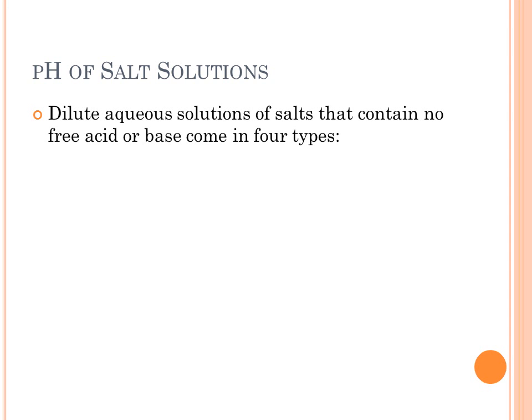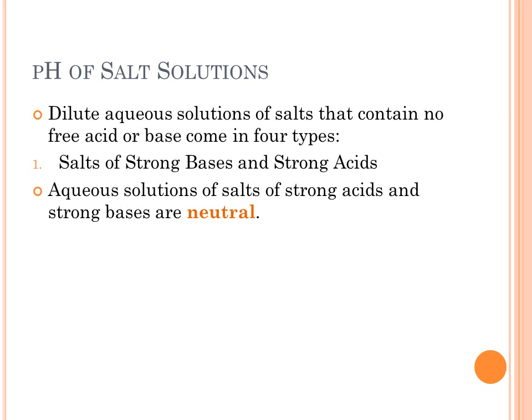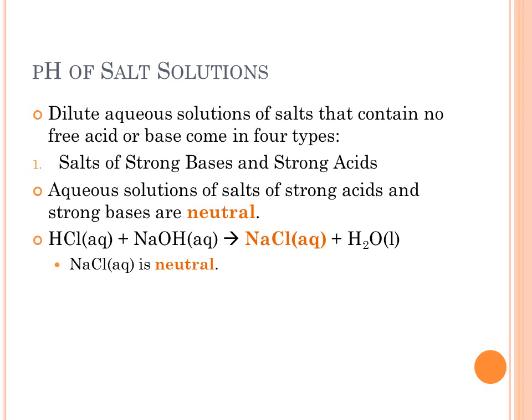Now, let's talk about pH of salt solutions. The diluted aqueous solutions that contain no free acid or base come in 4 basic types. Salts that could be formed from the neutralization of a strong base and a strong acid: aqueous solutions of those salts are neutral.